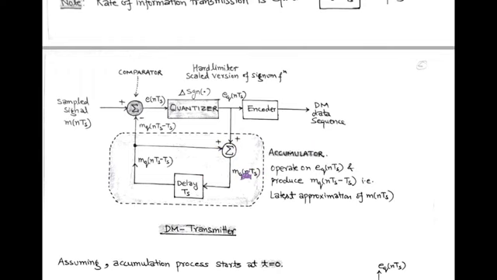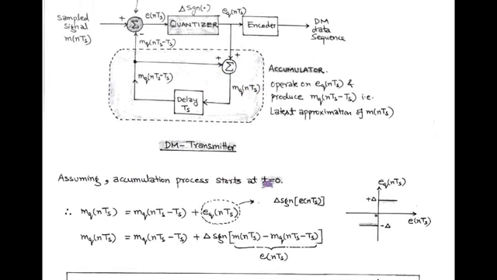Let us assume that the accumulator process starts at t = 0 and the quantized modulating signal mq(nTs) is equal to mq(nTs - Ts) + eq(nTs). This quantized error signal is equal to delta times signum of e(nTs). And in place of e(nTs), we can write m(nTs) - mq(nTs - Ts).